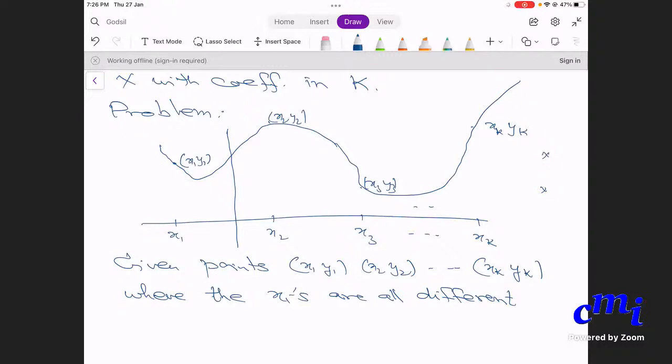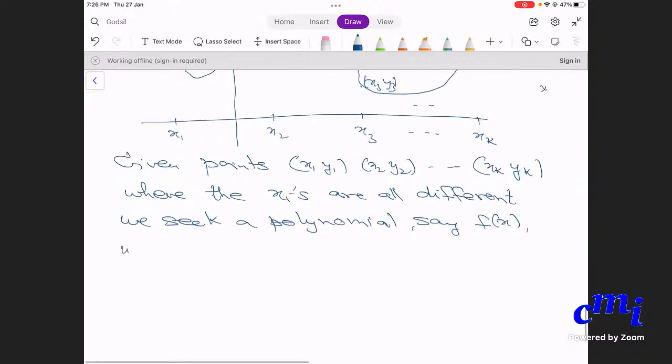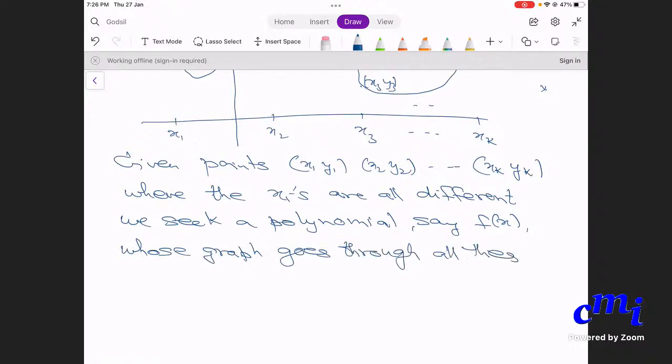So given points x1, y1 up to xk, yk, where the xi's are all different, we seek a polynomial, say f(x), whose graph goes through all these points. That's a very natural question to ask.